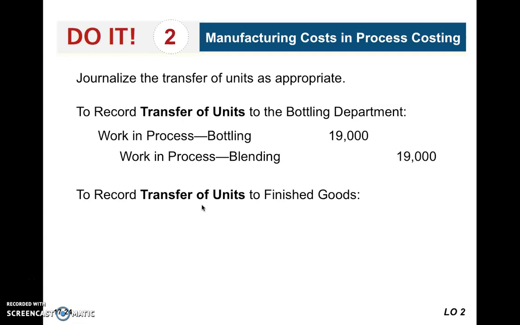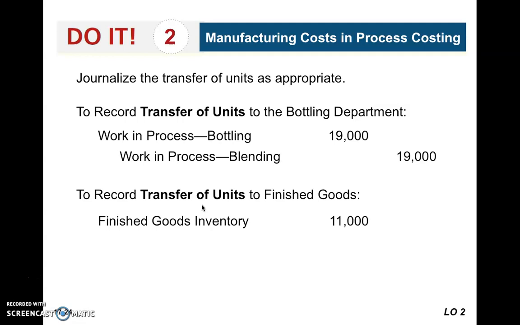Okay, and so this journal entry that I'm showing you is an extra one that we never had in the job order cost system. If the product has more than one process, then you're going to have the same journal entry showing that the next process got the cost from the last department's work in process.